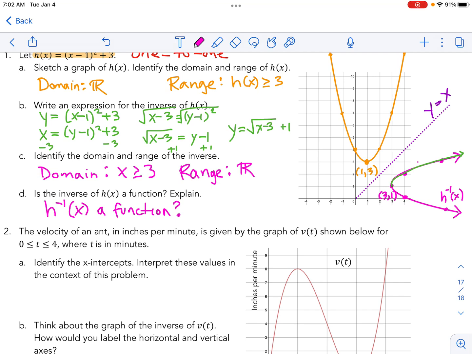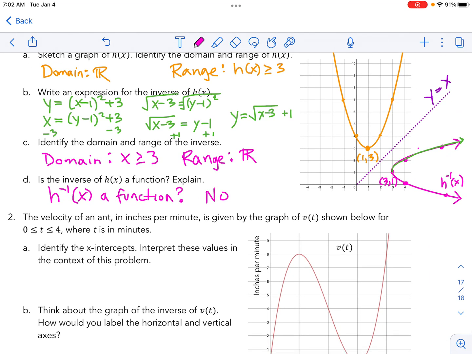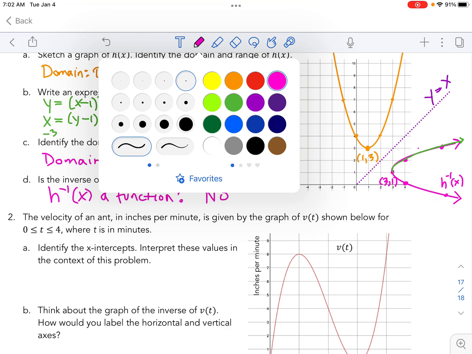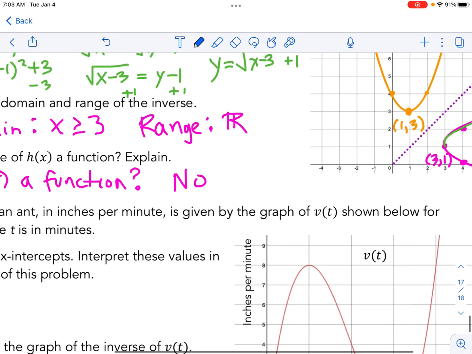And the answer to that is no. If we look at that, and we try to apply the vertical line test, it doesn't work, right? If we try to apply the vertical line test, here's the vertical line test, it doesn't work. Okay, so h inverse doesn't pass the vertical line test.